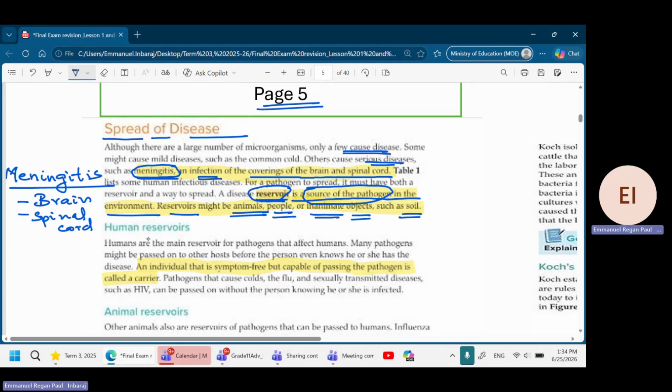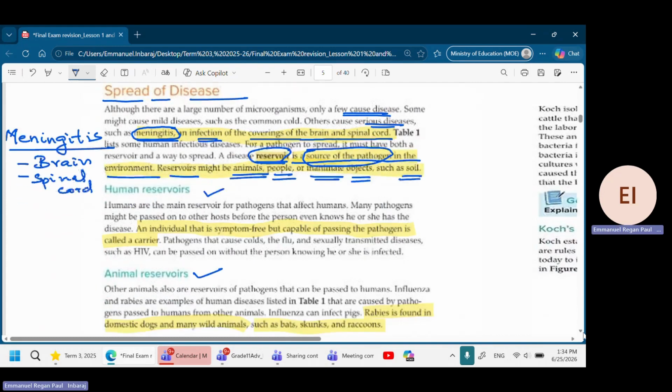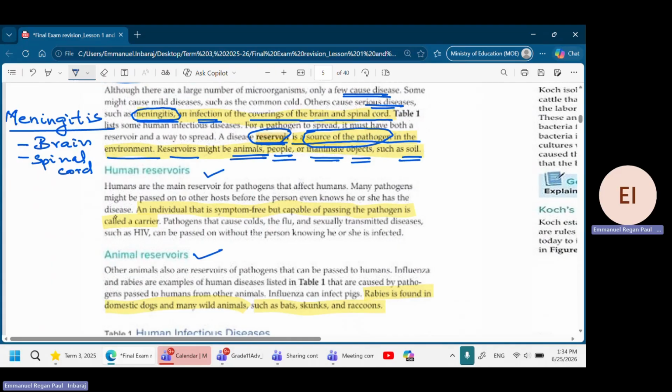All right, now come back here. Reservoirs can be of two types, that is given in this page. The two types are the human reservoir and the animal reservoir. What is a human reservoir? Humans can be a source of pathogens. In other words, a pathogen can live inside the human.